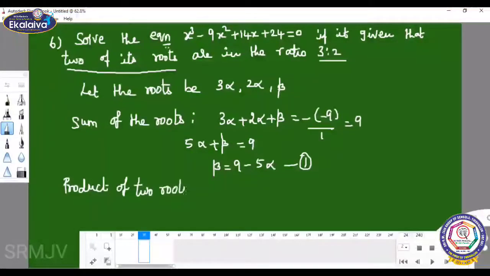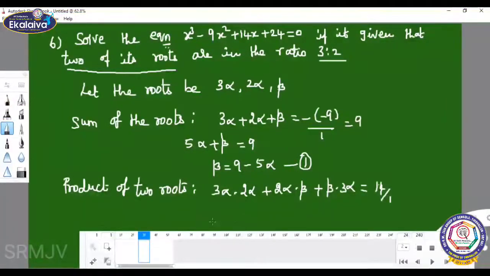Product of 2 roots. Product of 2 roots is 3 alpha into 2 alpha plus 2 alpha into beta plus beta into 3 alpha. It gives third term by first term, that is 14 by 1.